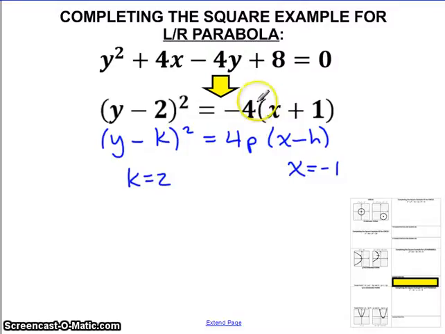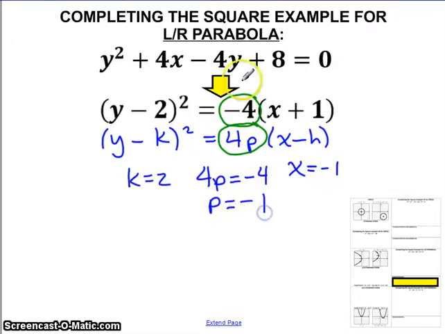And then we have this piece right here, -4, which is equal to 4p. So 4p equals -4. Solving that for p, we get p equals -1.